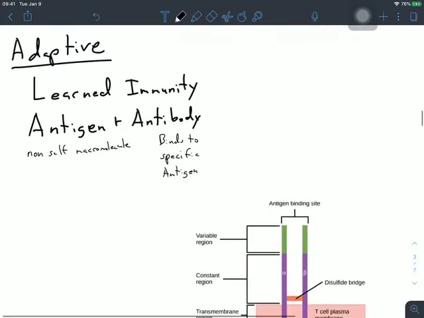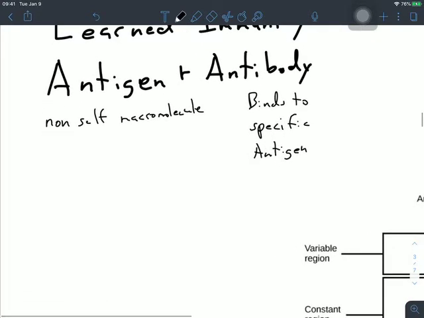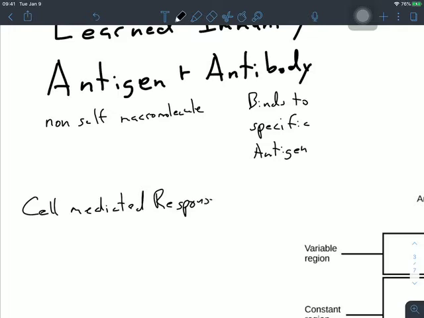There are two different components to this adaptive immunity. We have our cell-mediated response that utilizes T cells very heavily. And then we have a humoral response. That utilizes B cells and antibodies.